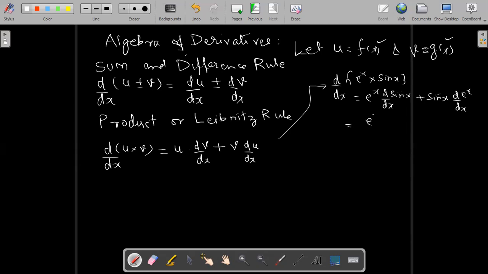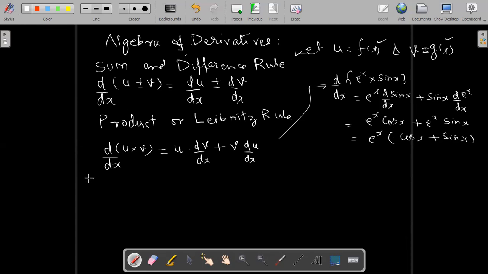So e to the power x cos x plus sin x times e to the power x. Taking it out common, e to the power x into cos x plus sin x. Like this it will be used.